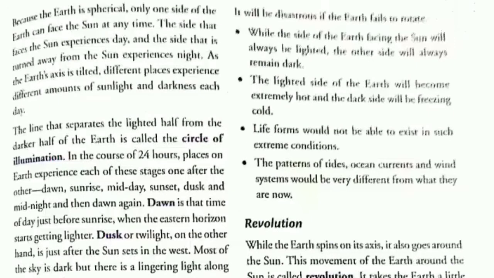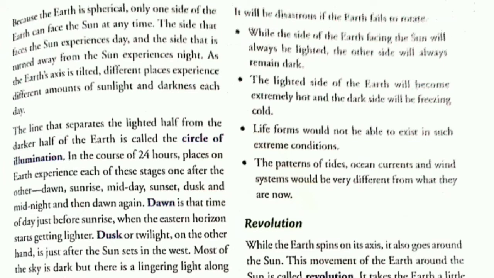And due to the spherical shape of the earth, the side that faces the sun experiences day and the other side experiences night. Spherical in shape means shaped like a ball. So the side that faces the sun experiences day and the side which is apart from the sun experiences night.